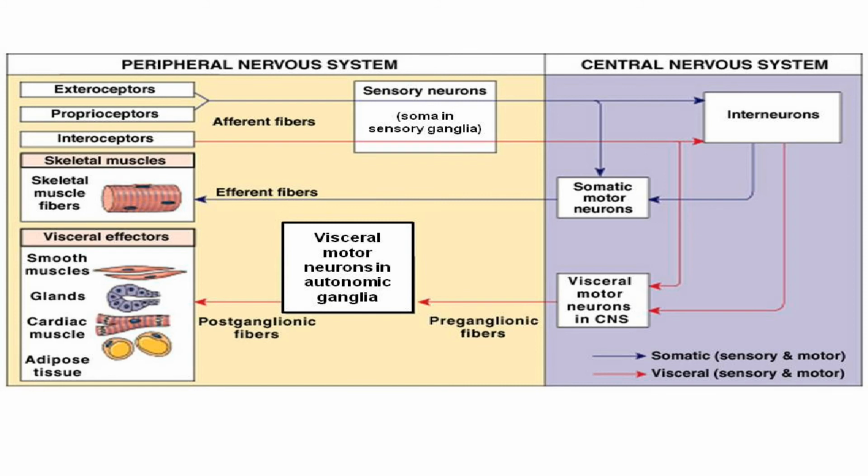You still have visceral sensory receptors. They send information into the central nervous system. That information is sent out via visceral motor neurons, and that's where you get the preganglionic fiber. Fiber refers to axon, which synapses with a second visceral motor neuron in a ganglion somewhere. And then you get the postganglionic axon, or postganglionic fiber, out to the effector.